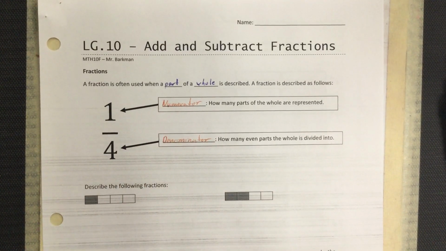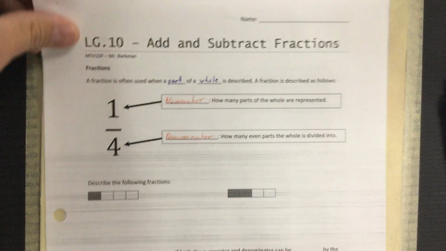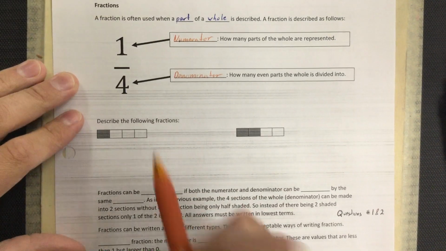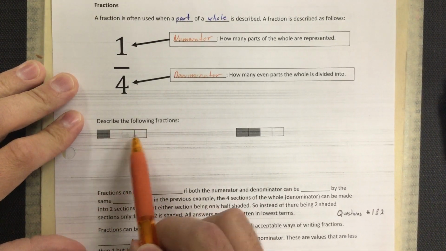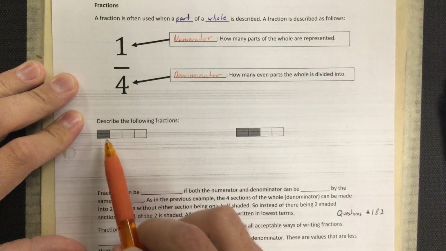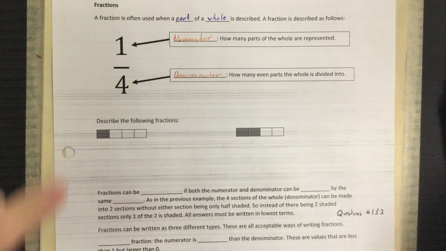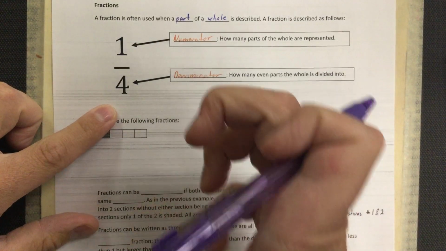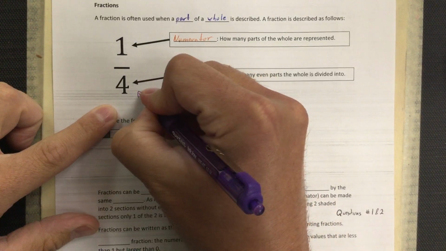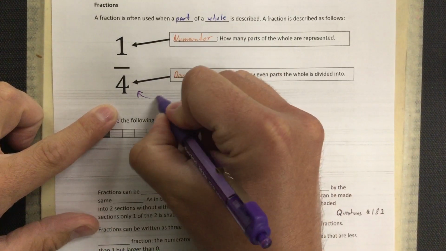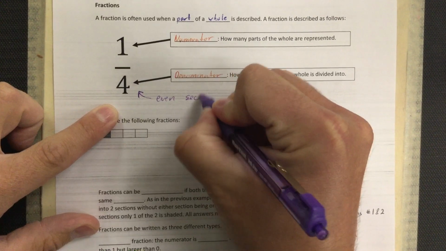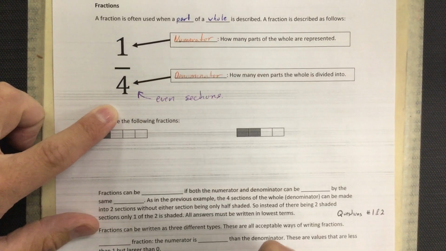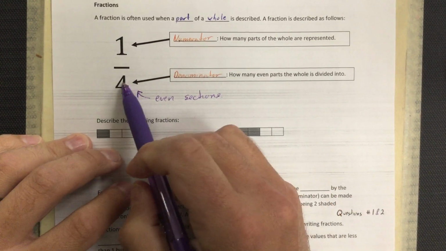We can describe them as follows, and I'm going to show a couple different descriptions here. This box is divided into 4 even sections. One thing to remember is that the denominator represents even sections. We're always going to have something in even sections.